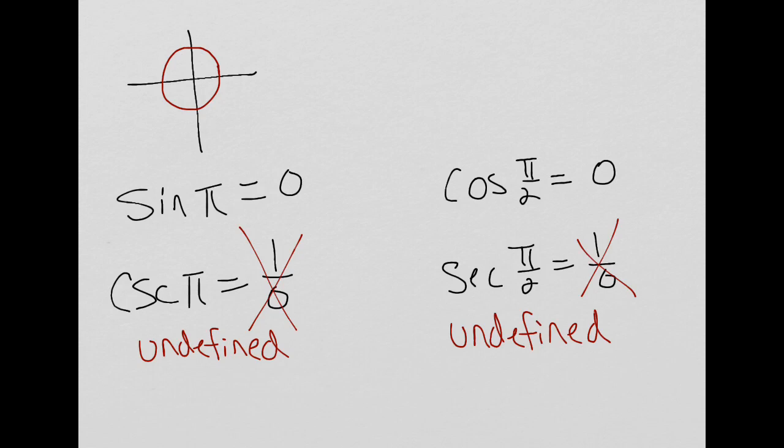They're going to avoid division by 0. And so you can see what the big points are that we need to worry about. There, there, there, and there.